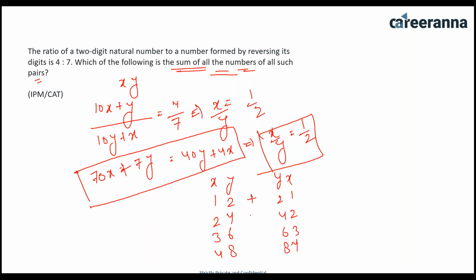You have to add all of these numbers. This is 36, 36, 72, 120. Please add this for me. The answer for this question is 330.